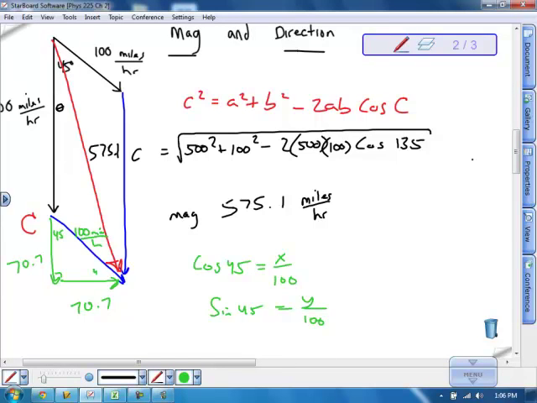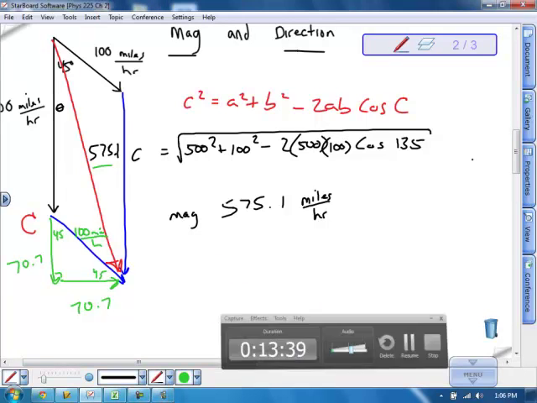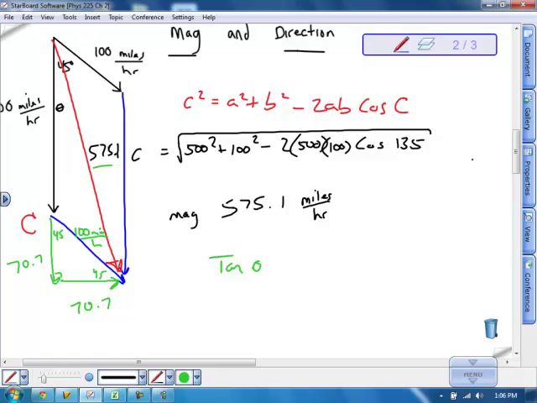Makes sense, it's a special right triangle, an isosceles right triangle. And so now we can do the Pythagorean theorem to find the magnitude, which we already have. So this is the other way to do it. And then we can also find this angle by doing inverse tangent of 70.7 over the 500 plus the 70.7. So that would be tangent of theta equals opposite, 70.7, over adjacent.